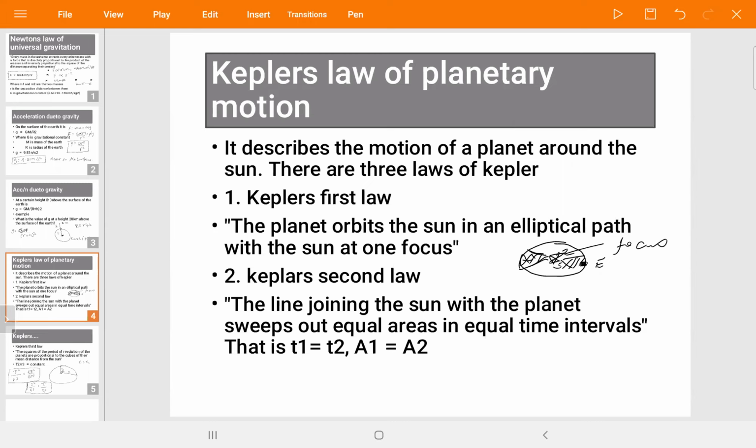And the second one is that the line joining the sun with the planet sweeps out equal areas in equal intervals of time.